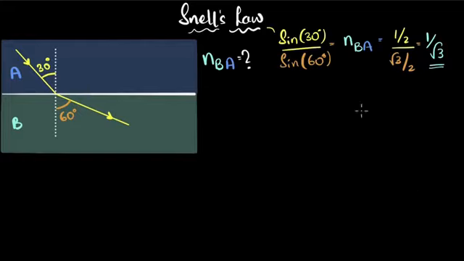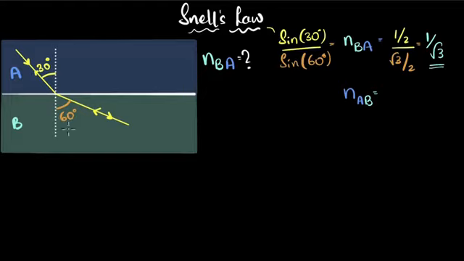Now, quick question. What if I had asked you what is refractive index of A with respect to B? What would that number be? Can you pause and think about how you would calculate that? Well, now I want refractive index of A with respect to B, which means I want to consider refraction happening in this medium. For that, just reverse this. You can just imagine reversing the ray, and now refraction happens in this medium.